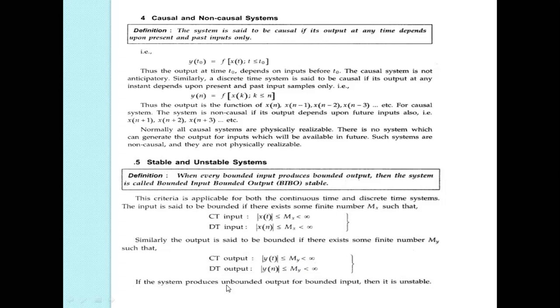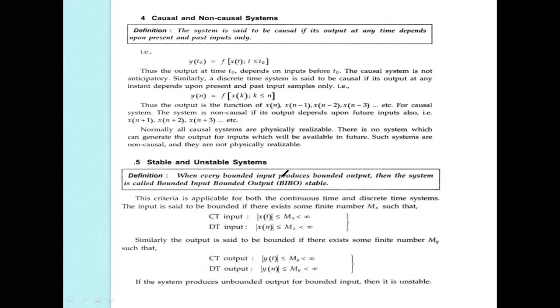If the system produces unbounded output for bounded input, then it is called unstable. The input is a finite number mx, but the output is infinite, then it is an unstable system.